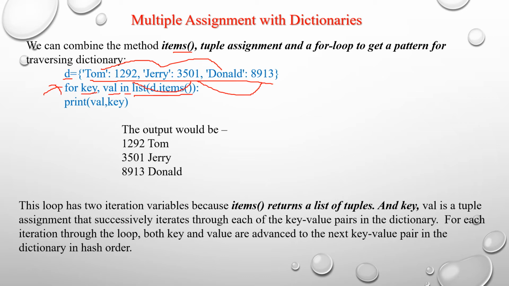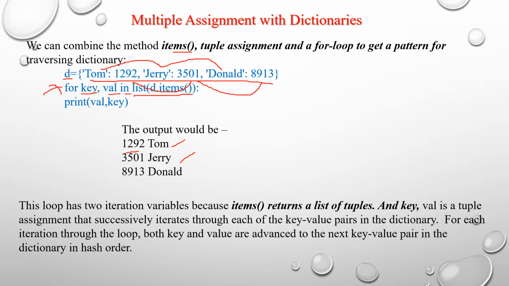value and key, the Python interpreter will print the value first, 9291 Tom, and the next iteration is going to print 3501 Jerry, and the next iteration is going to print 8913 Donald.